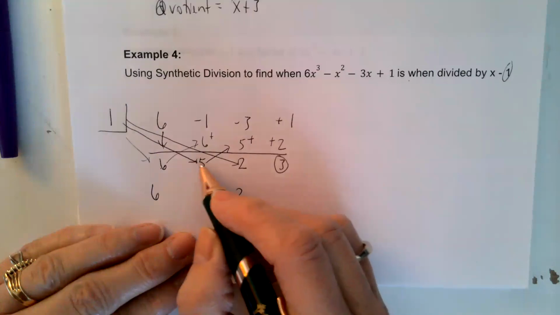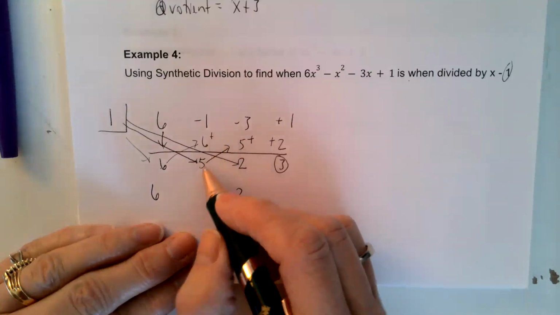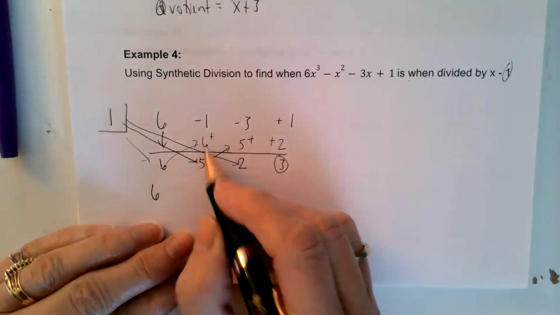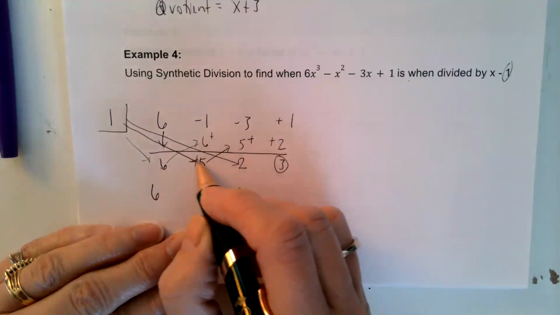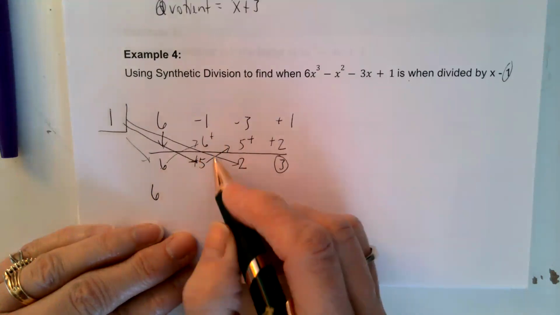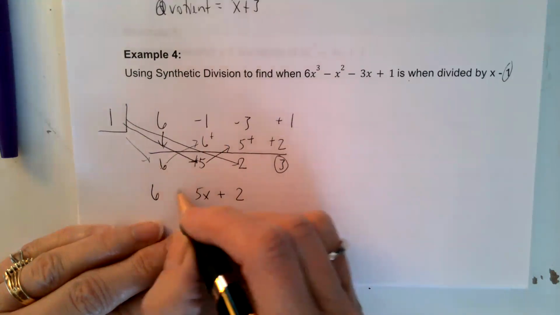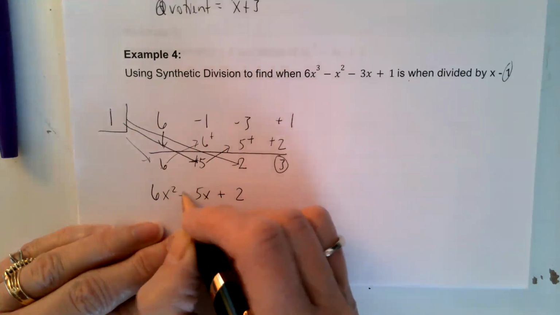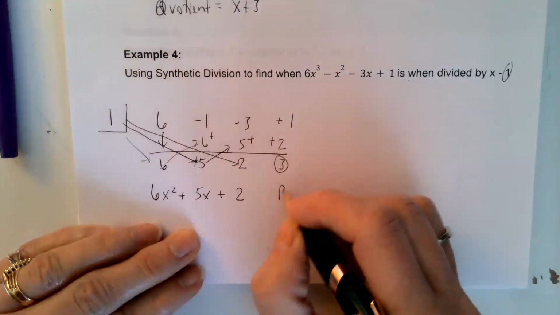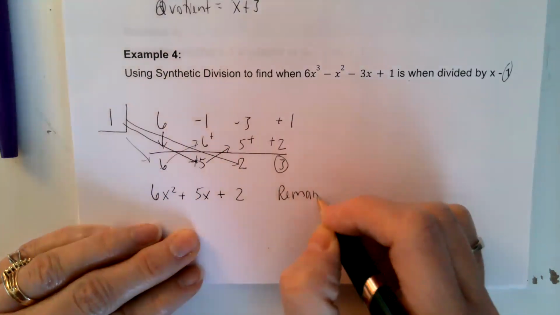This was a positive 5. So that's a 5x. And then this was a positive 6, and that'll be an x squared. And then that's a remainder of 3.